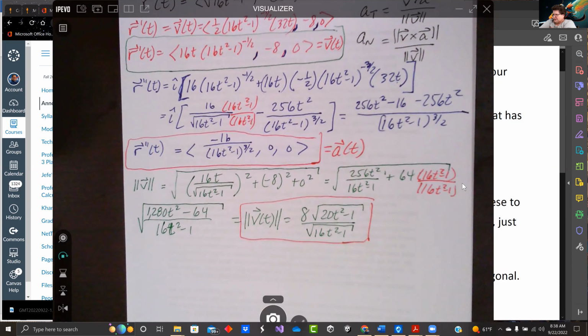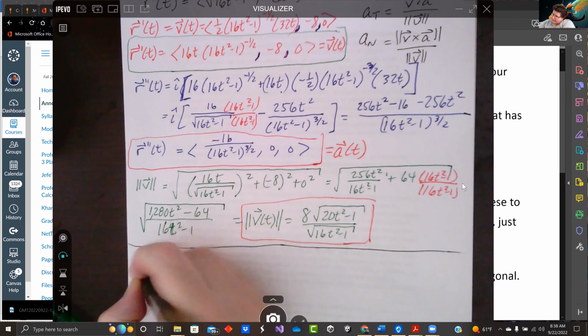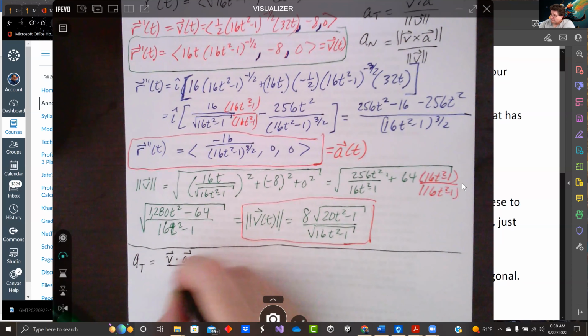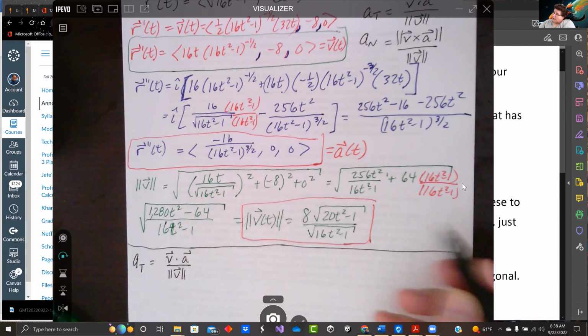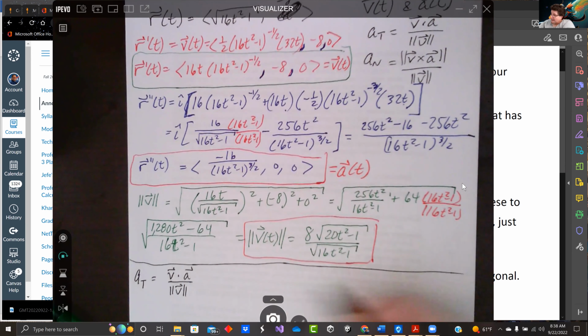That was two of the things requested. The other thing is the tangential component of acceleration and normal component of acceleration. So if we look for a of n, or a of t first, let's do a of t first. It's the dot part. It's the easier one. We are going to dot v with a.